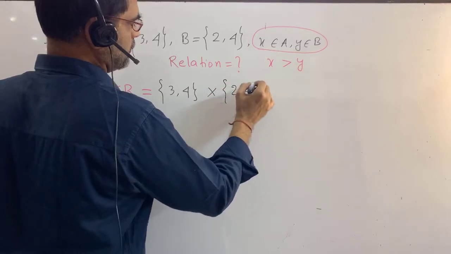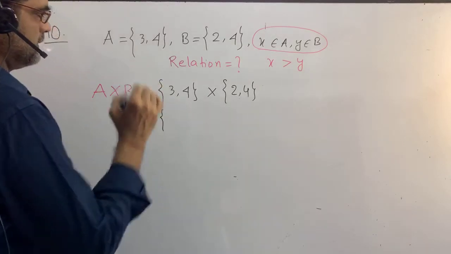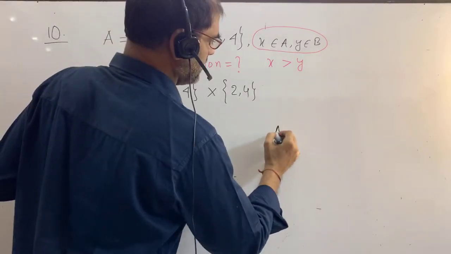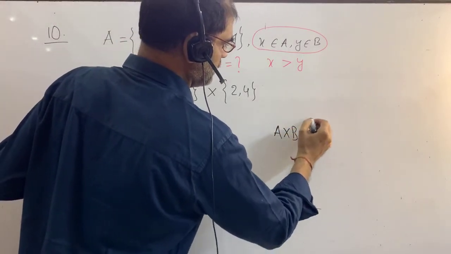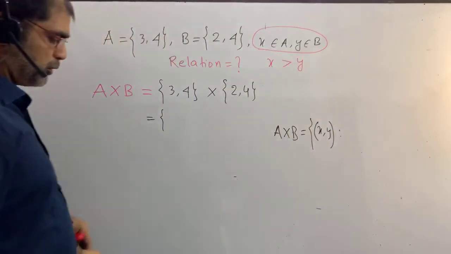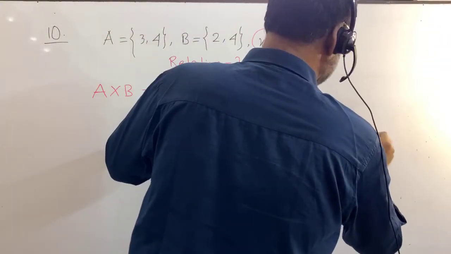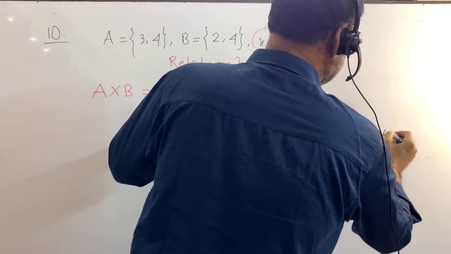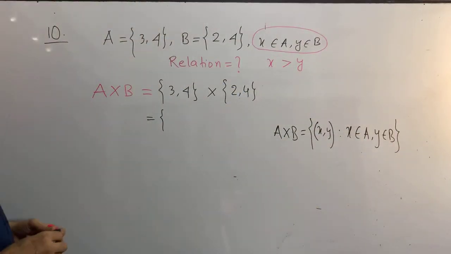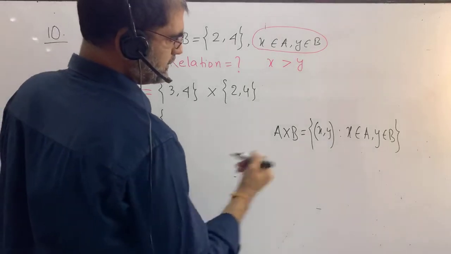Now you see here in this math, A product B is equal to x comma y, where x belongs to A, y belongs to B. Please get it. X comma y means what?